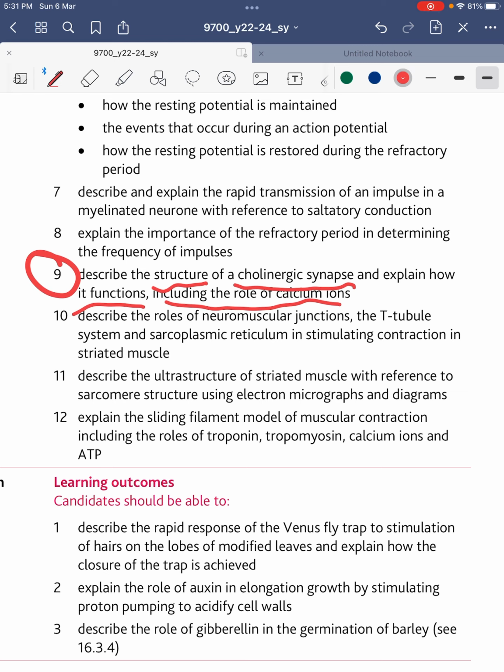The role of calcium ions. So we're going to look at the structure of cholinergic synapse, and explain how it functions, including the role of calcium ions.